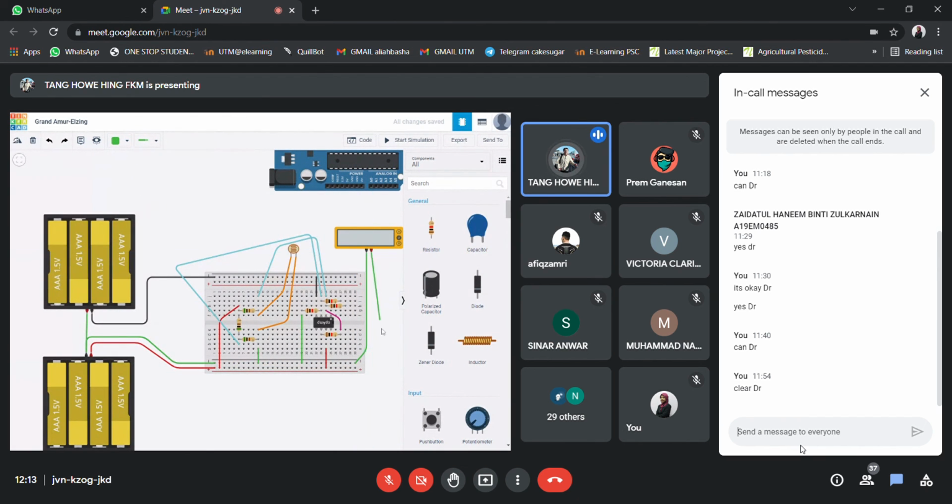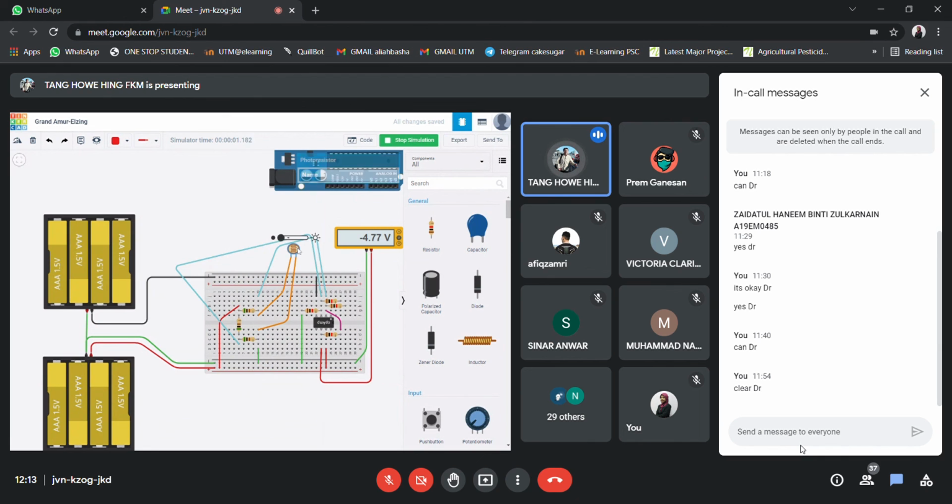And then this one, we want to measure the op-amp output, which is here. Okay, done. So that is how we can use the differential amplifier together with this op-amp.